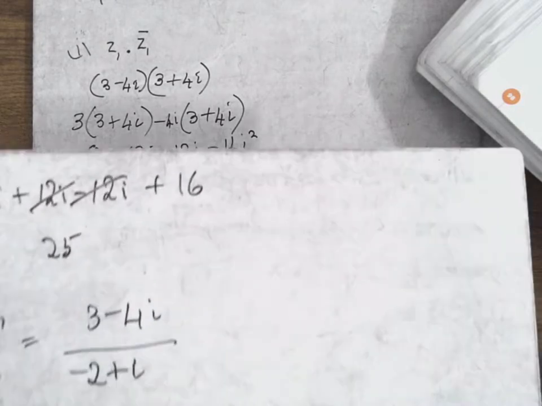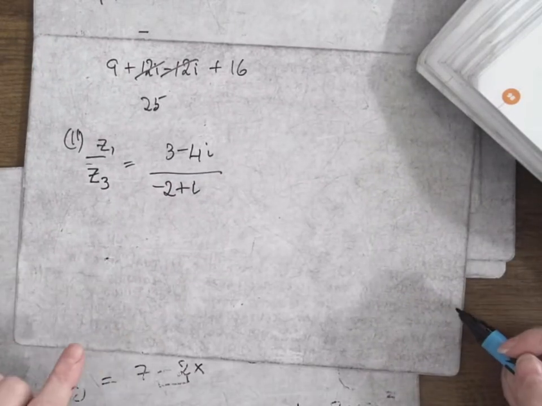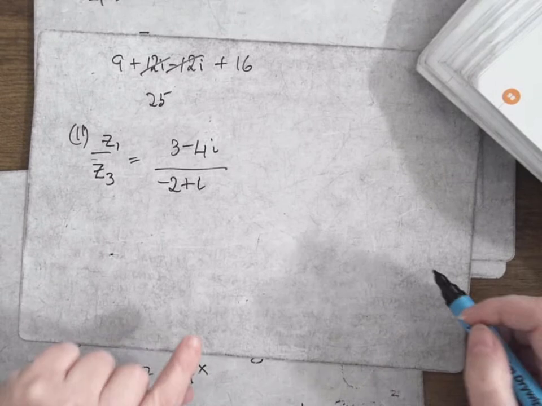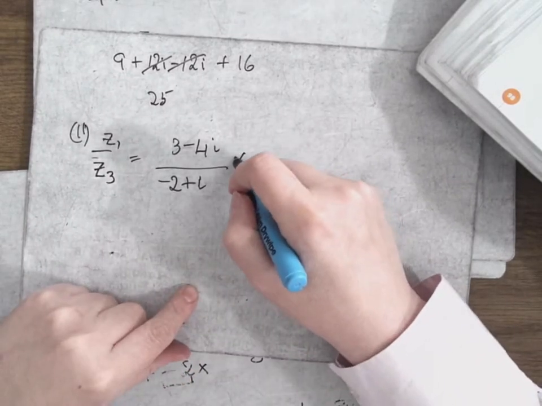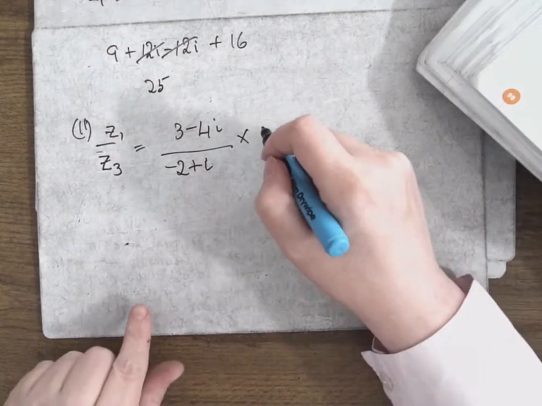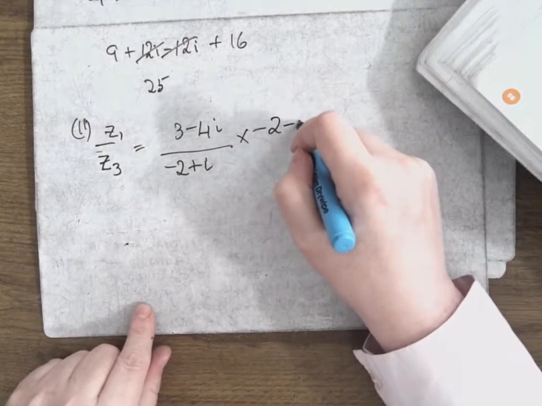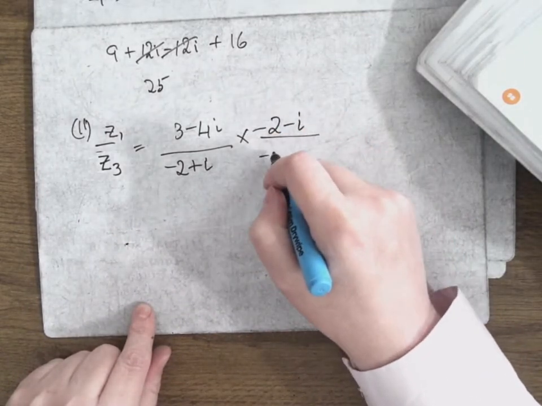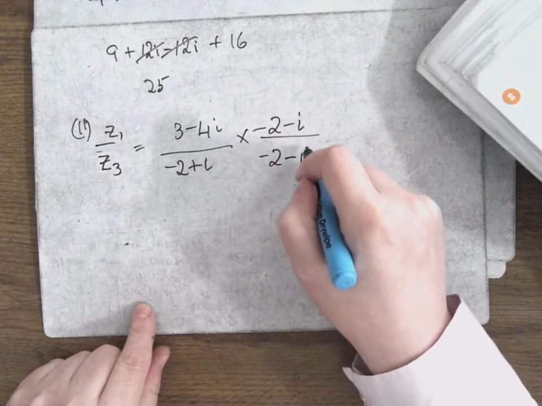So that's a division. So division is you multiply above and below by the conjugate of what's below. So what am I multiplying above and below by, please? Minus 2 minus i. And make sure you multiply below the line by the exact same thing.